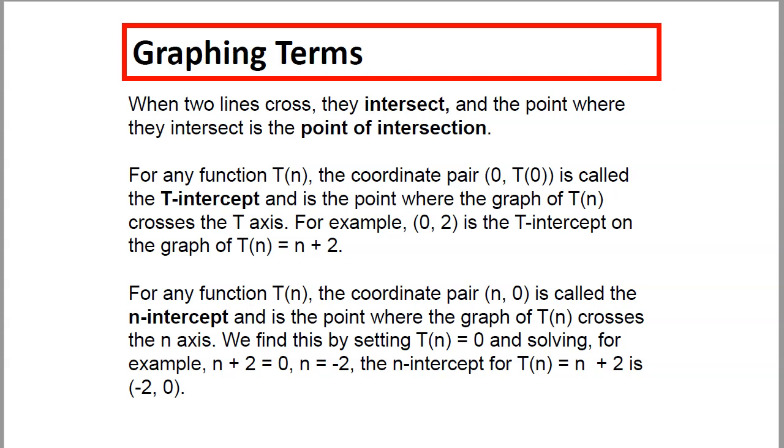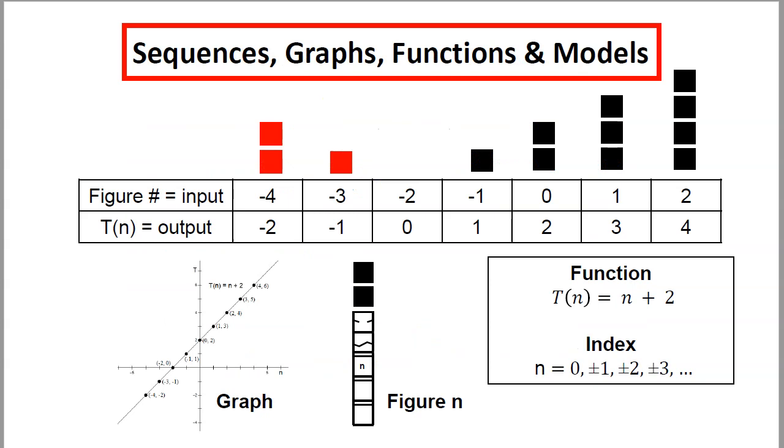For a function t of n, the coordinate pair n, 0 is called the n-intercept, and it's the point where the graph of t of n crosses the n-axis. We find this by setting t of n equal to 0 and solving, for example, n plus 2 equals 0, so n equals -2. The n-intercept for t of n equal to n plus 2 is -2, 0. Let's look back at our graph, and you can see our n-intercept here, -2, 0, and our t-intercept, 0, 2.